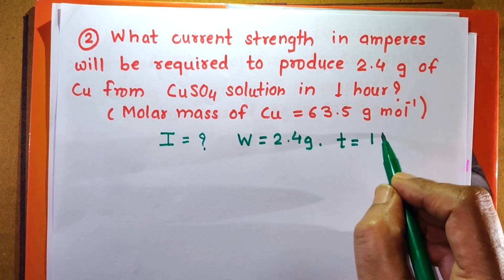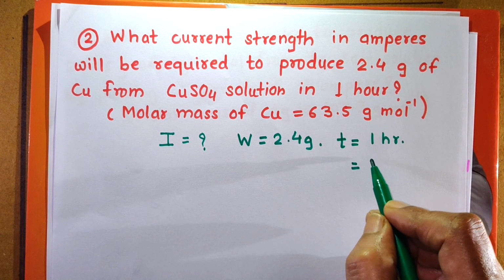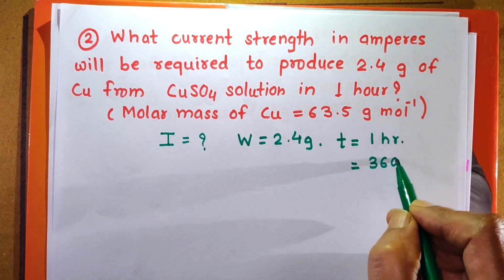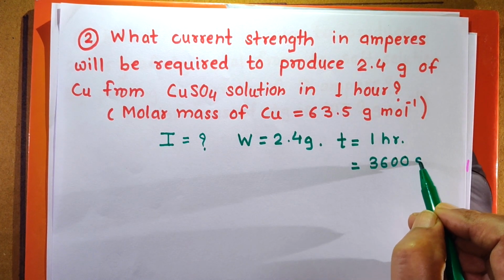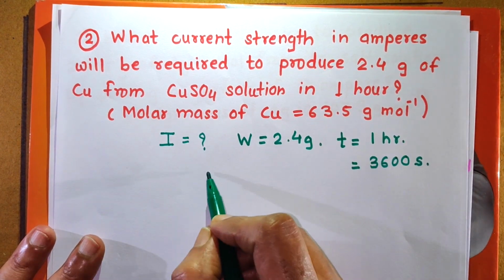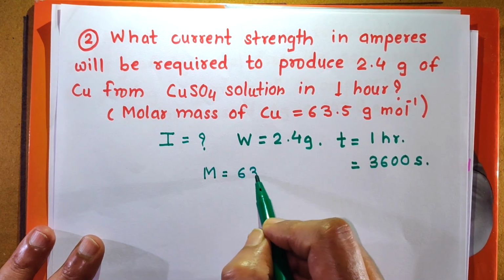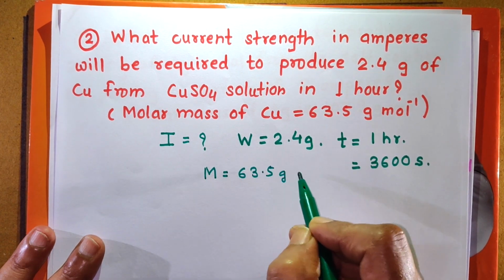It is again 1 hour. You have to convert it into seconds. Remember, 1 hour directly can be converted into seconds, 3600 seconds. Molar mass, that is M, is given to you, which is equal to 63.5 gram per mole.